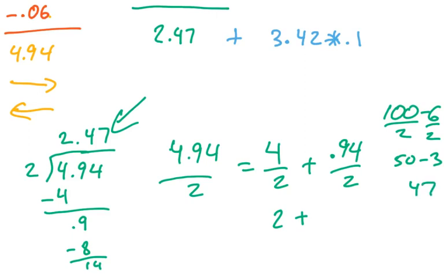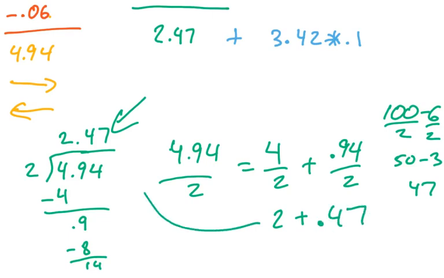So really what I do is I go to an easy number to divide by 2, in this case 100, and I just tell myself, well, how much further back? I know I have to go 6 back. 6 divided by 2 is 3, so if 100 divided by 2 is 50, 50 minus 3 is going to give me 47, hence the 0.47.